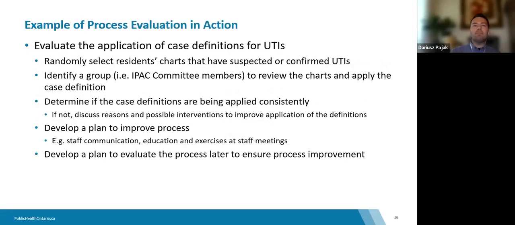Here we have an example of a process evaluation in action. If we want to evaluate whether we are holding true to the case definition, and that touches on what we mentioned earlier for UTIs as an example, during our data collection step we can take some measures or approaches that are outlined here to actually look at this.